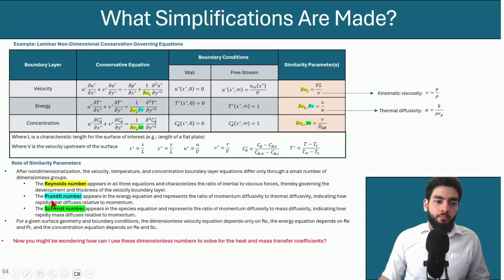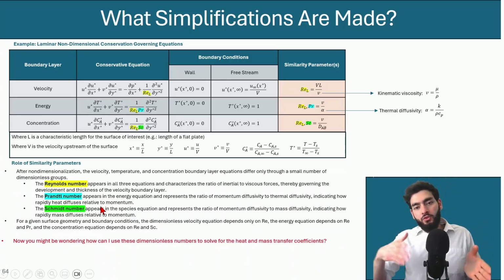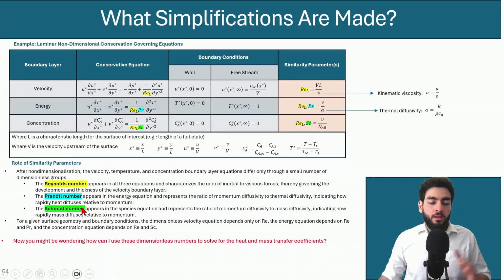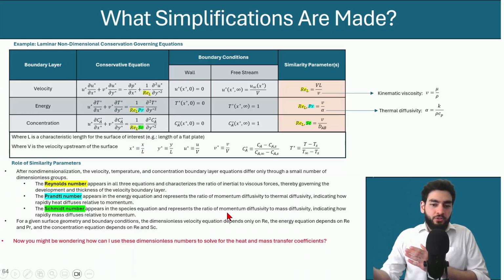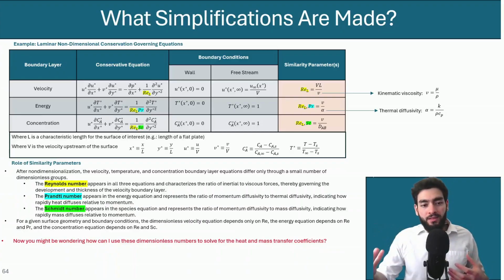The Prandtl number appears in the energy balance equation, and this number represents the ratio of momentum diffusivity to thermal diffusivity, and it indicates how rapidly heat diffuses relative to momentum. And the Schmidt number appears only in the concentration equation, and this represents the ratio of momentum diffusivity to mass diffusivity, and it indicates how rapidly mass diffuses relative to momentum.